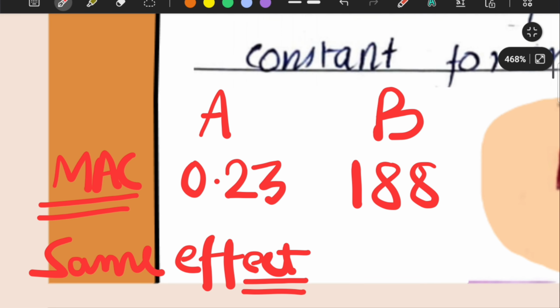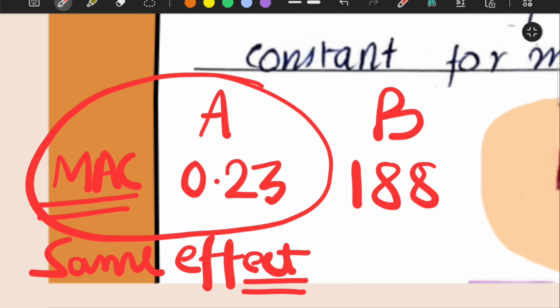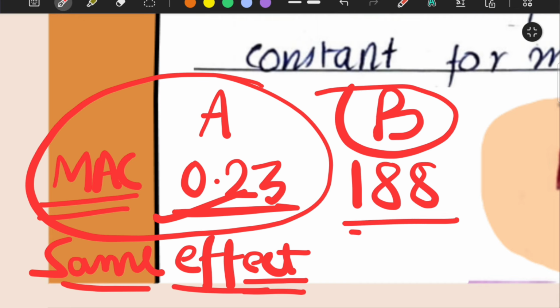So obviously, which gaseous anesthetic is more potent? That is gaseous anesthetic A. Why? At a lower concentration, A is performing better. Less concentration is required to produce the same effect that B produces at a MAC value of 188.